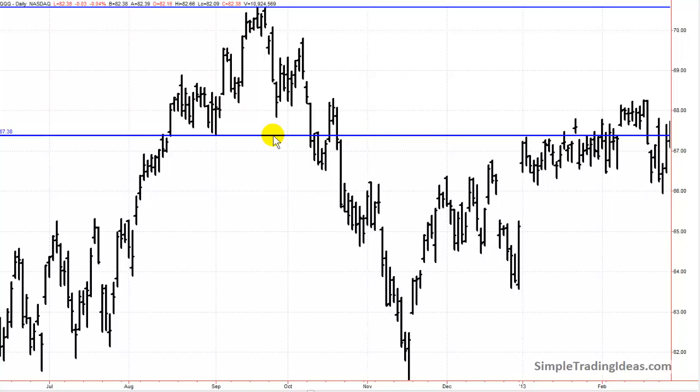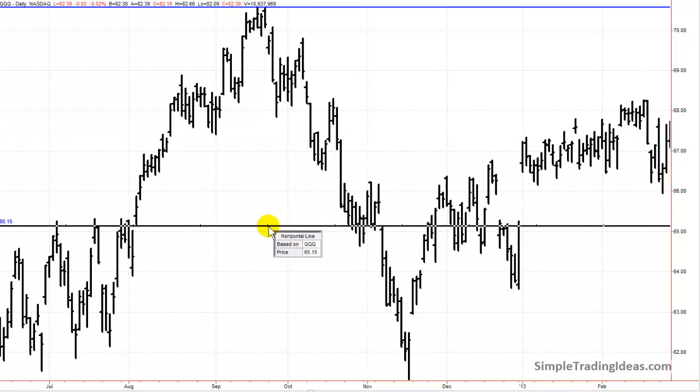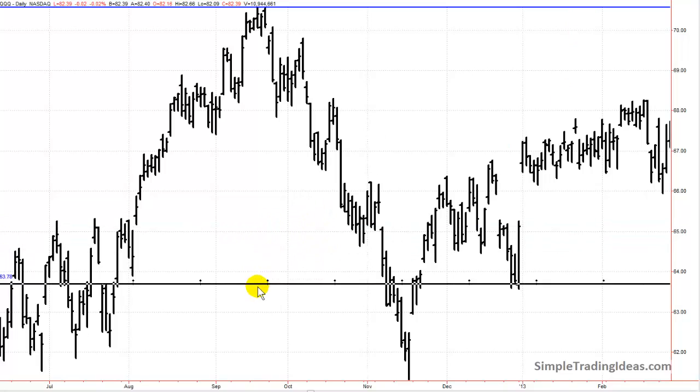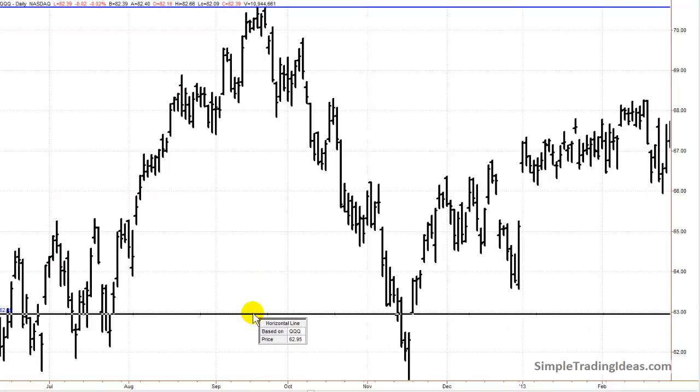Okay, and if we expanded that range in this particular case, actually let's move this down here. Okay, so that's a 40 period range. And let's take a look at what type of risk we'd have if we'd be using the other side of this particular range, the top of the range, as our stop loss.